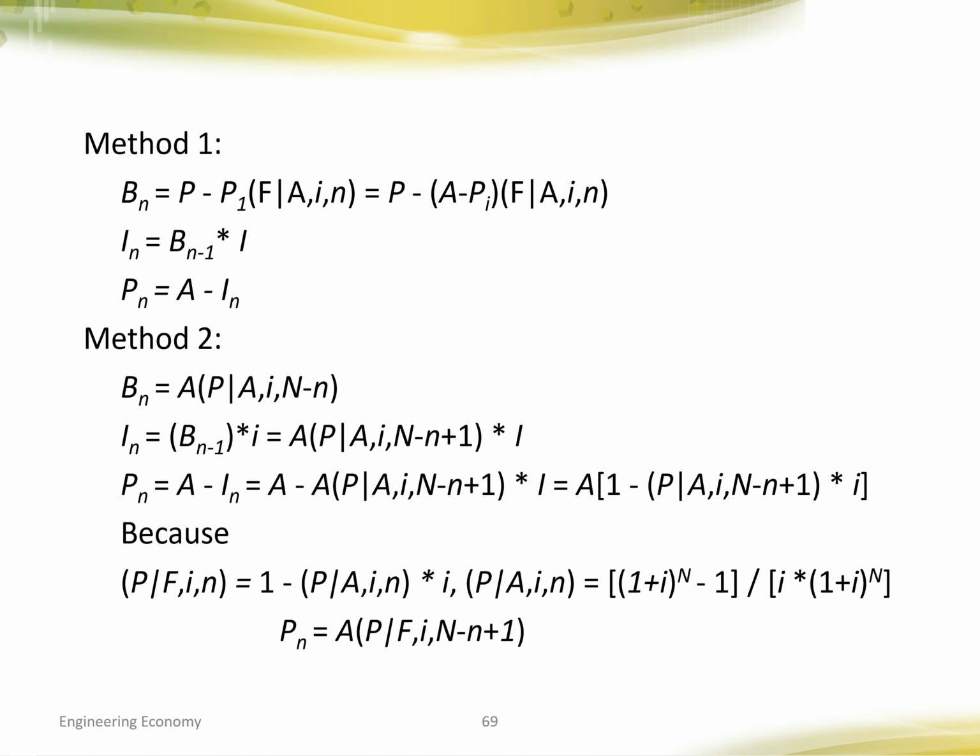Then we use the total principal, subtracting that value, then we get the remaining amount. So there are two methods to compute this remaining amount. Once we have the remaining amount, we can compute again the interest for the next period, and then we can compute the return principal for the next payment.